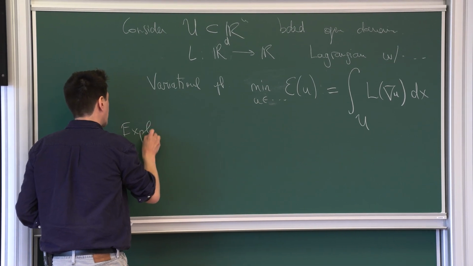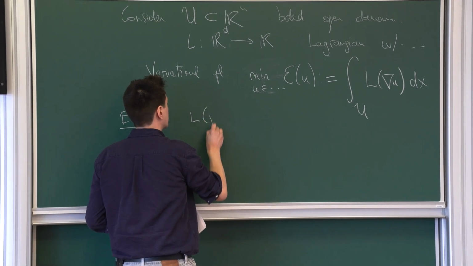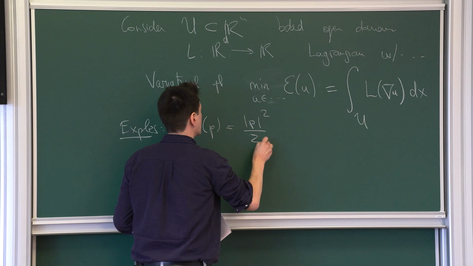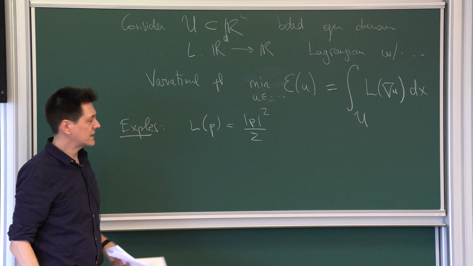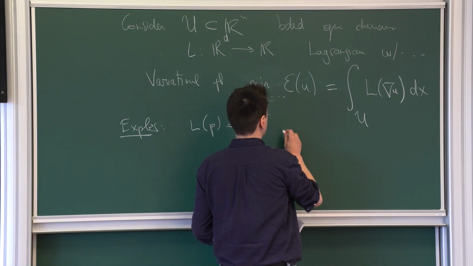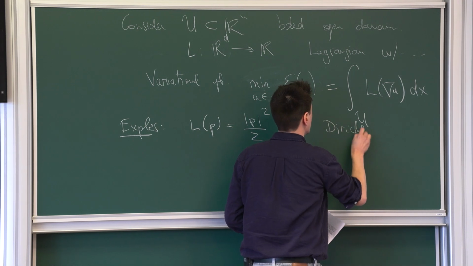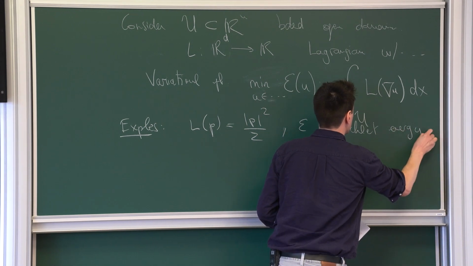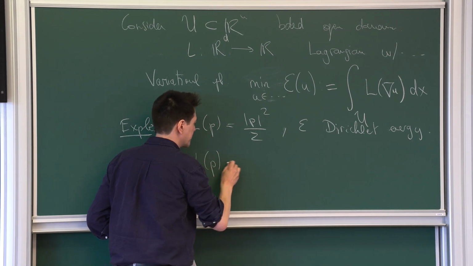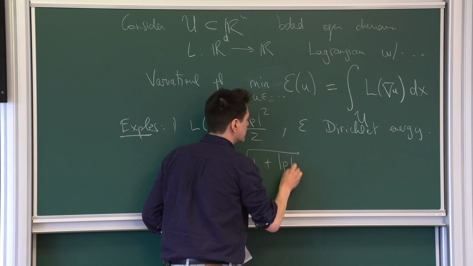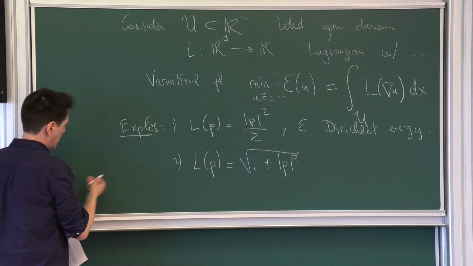Examples. So I'm starting with the very classical motivation for Hilbert's problem. If you take the harmonic energy, the basic harmonic potential, so the standard energy, what you get is simply that E is the Dirichlet energy. And the other standard example is if you take L of p to be root of 1 plus p squared.